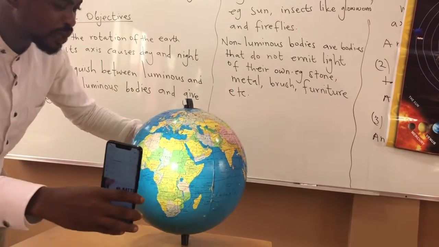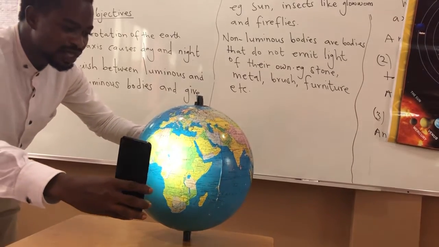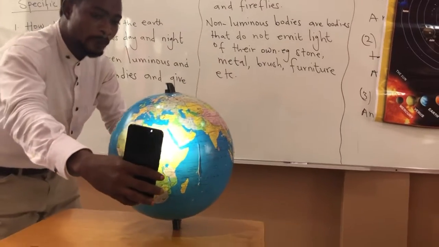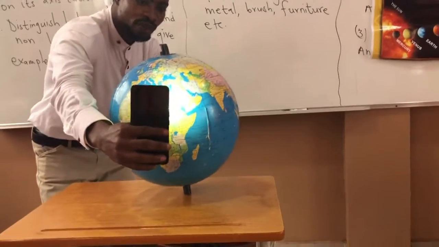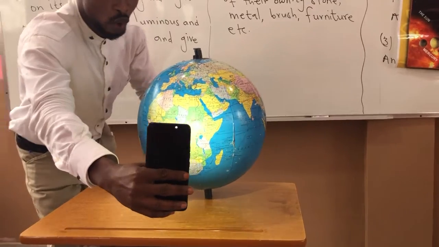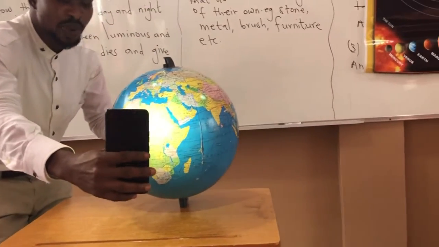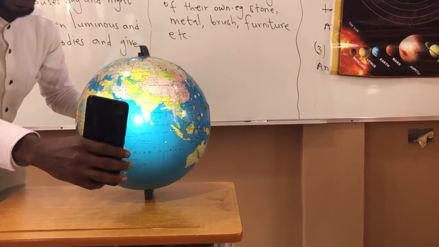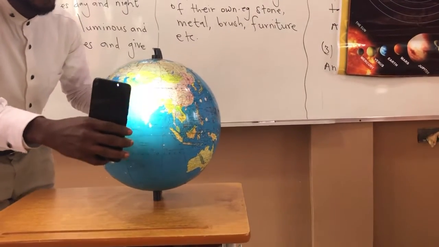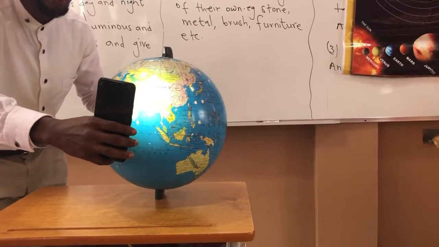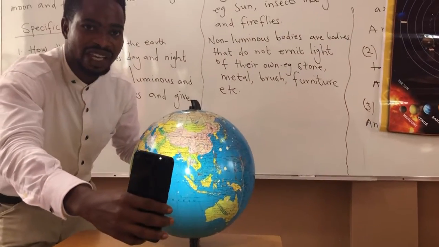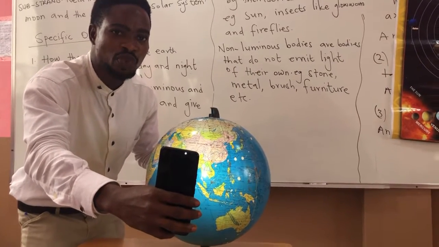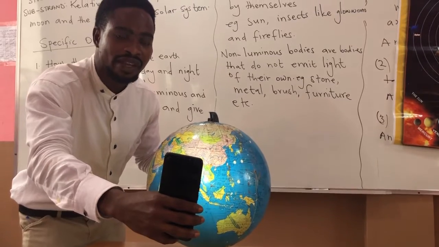Now the light reflects on one part of the globe, but on the opposite side, the light does not reflect. So when the earth is rotating on its axis, those countries that face the light, receive the light from the sun, they experience what we call day.